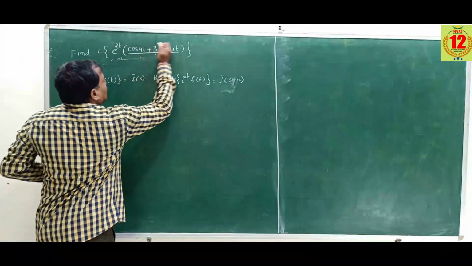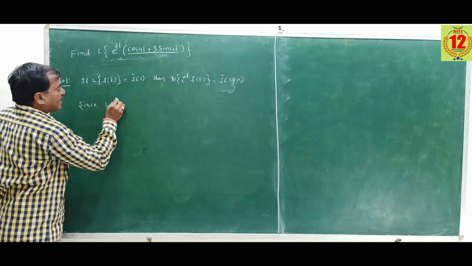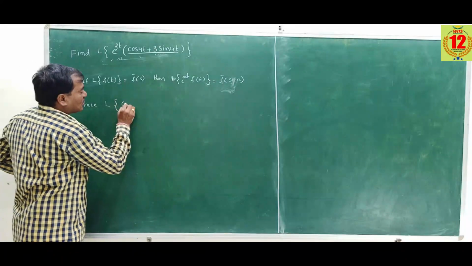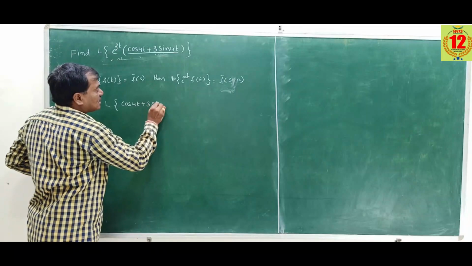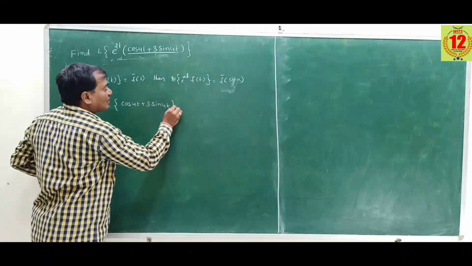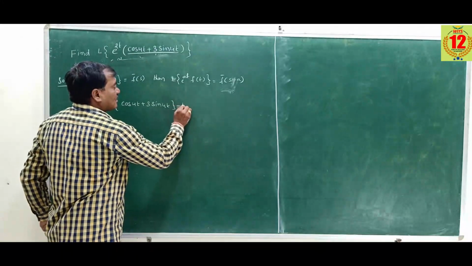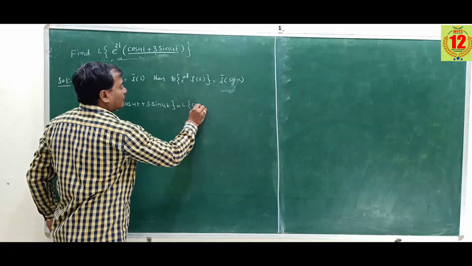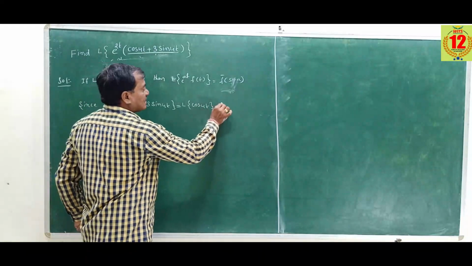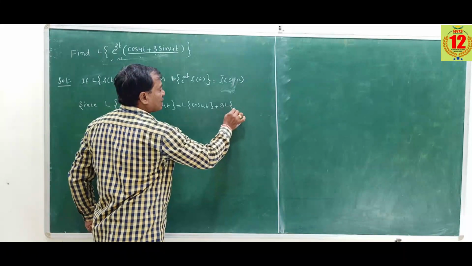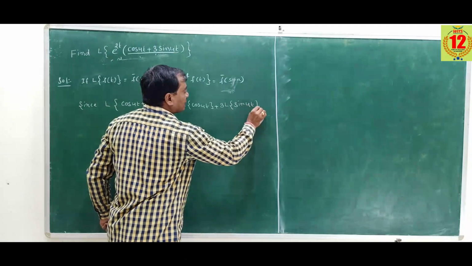By the linearity property, the Laplace transform of cos 4t plus 3 sin 4t can be written as the Laplace transform of cos 4t plus 3 into the Laplace transform of sin 4t.